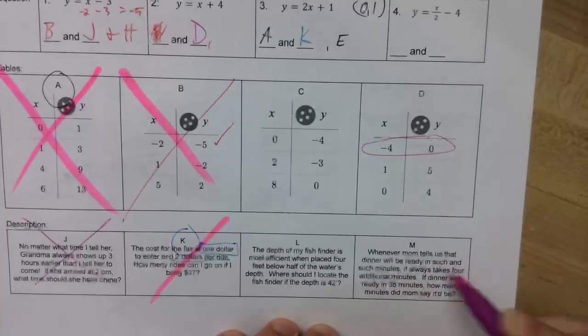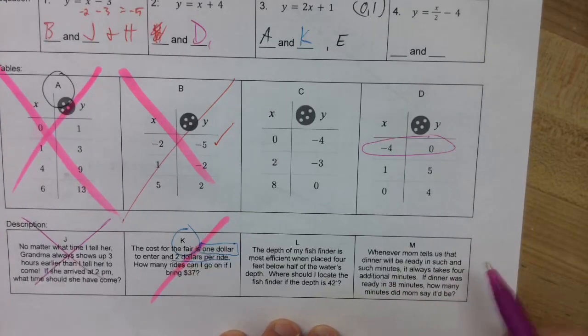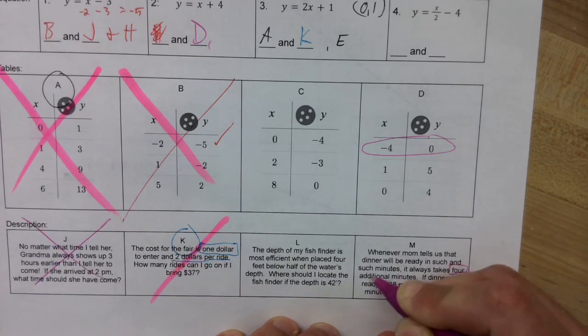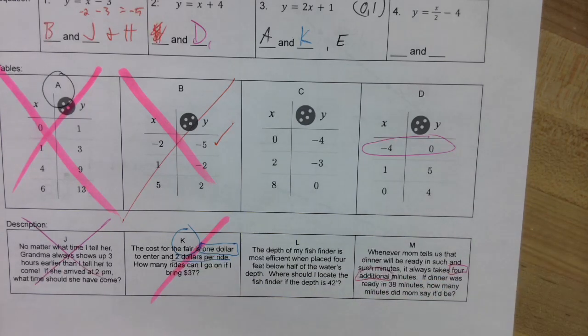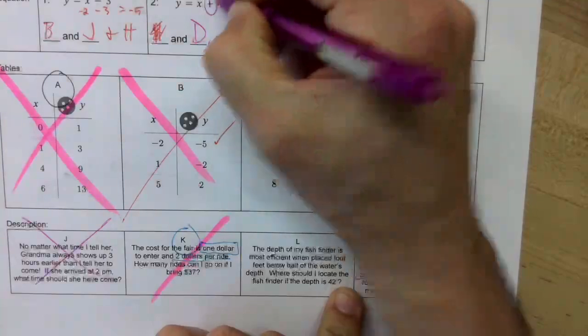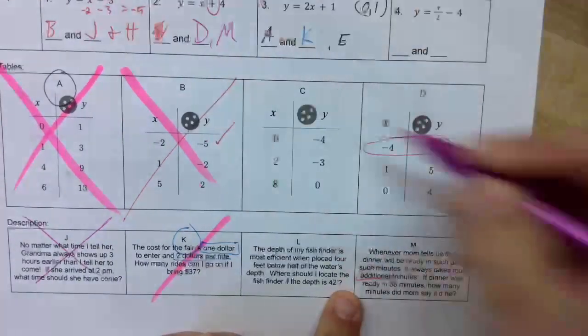Whenever Mom tells us dinner will be ready in such and such minutes, it always takes 4 additional minutes. You saw the lesson previously on clue words that tell you what operation: product, sum, more than. That's kind of helpful here when you start reading descriptions too. 4 additional. There's the plus 4 right there. So this one's going to be M.